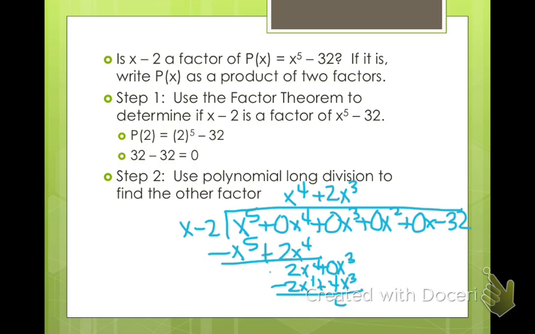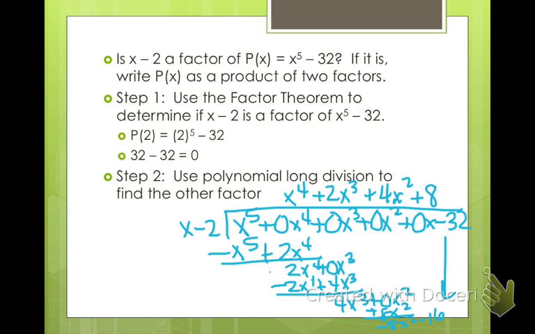Subtract, add. So I get 4x cubed plus 0x squared. I need a plus 4x squared. Let's see, that makes a 4x squared and a negative 8x squared, but we add it. So I get positive 8x squared. And let's see, I need a plus 8, and that makes 8x squared minus 16.